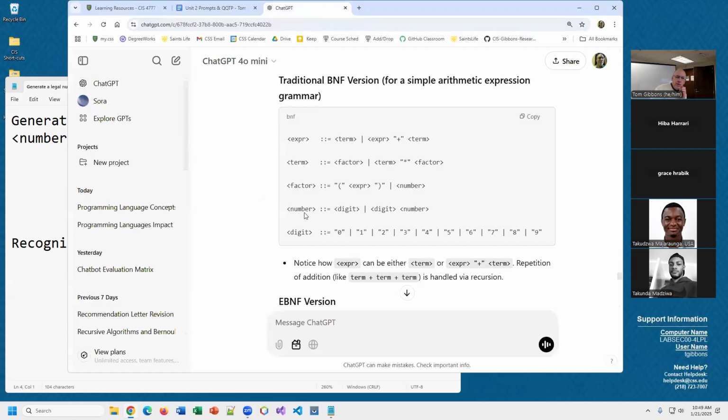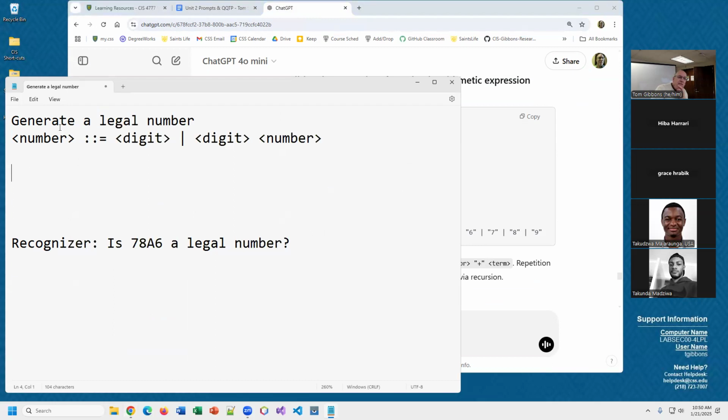Here we're generating numbers. A number is either a digit or a digit and a number, and the digits are 0 through 9. So we can use this to generate a legal number.